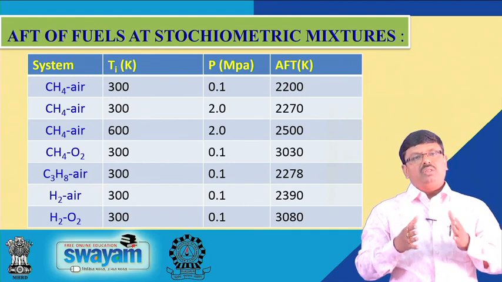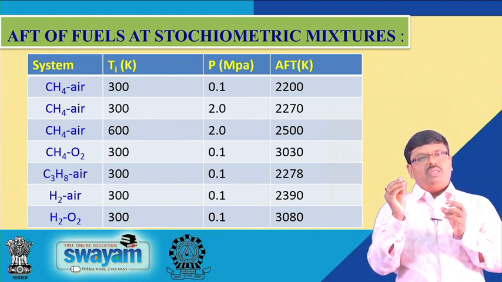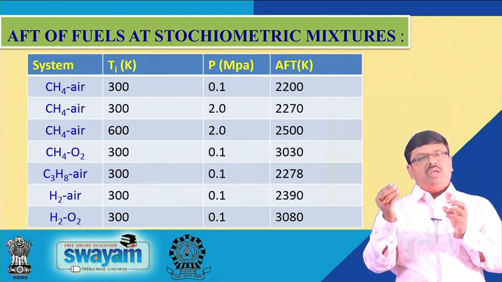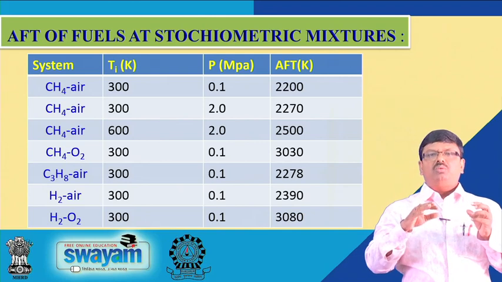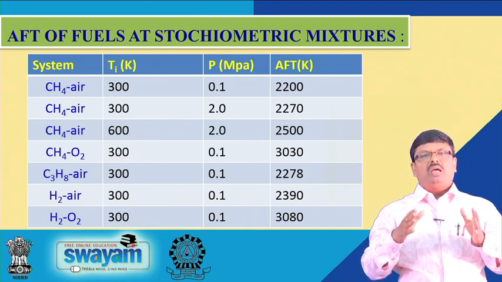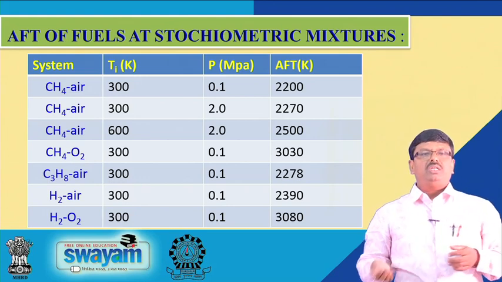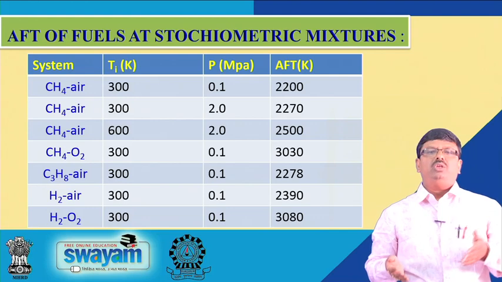So, here for oxygen and methane, these combinations, the AFT, I mean the adiabatic flame temperature, will be more. Why? Subject to excess air, complete combustion will take place and the temperature will go on increasing. Similarly for other C3H8 air, H2 air, H2O2.